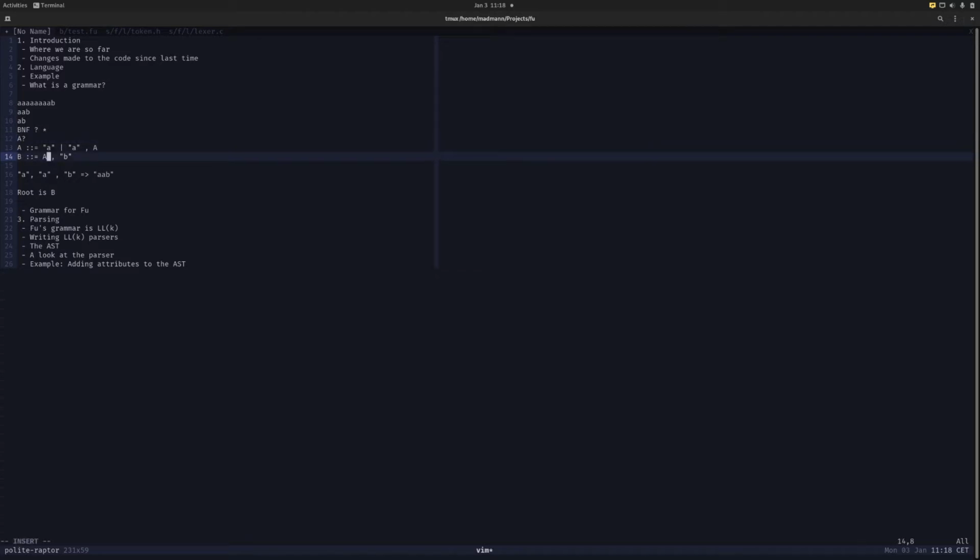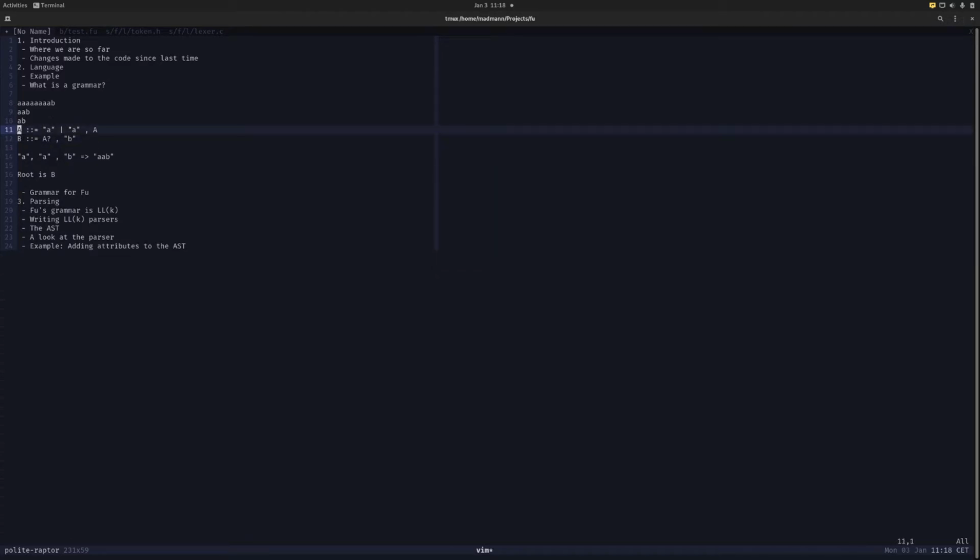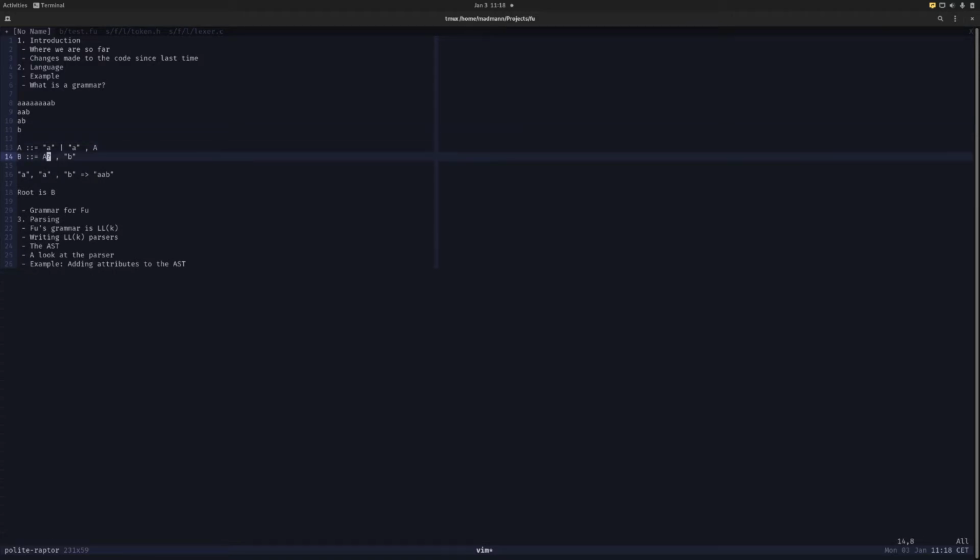So if I want to allow, for instance, parsing just B and accept just B, I can do things like that. That would allow me to say, either there's one A or there's no A. And as you can see, this combinator is just a shorthand. I don't need it. It's something that helps me when writing rules, but if I wanted to, I could just do something like this. That would have exactly the same effect. So it helps me write in this BNF language, but it's not necessary, because BNF as it stands is enough to write grammars.